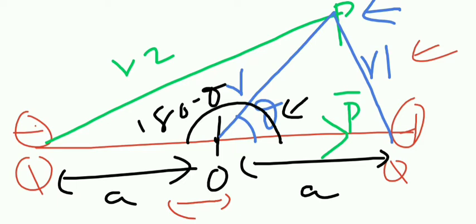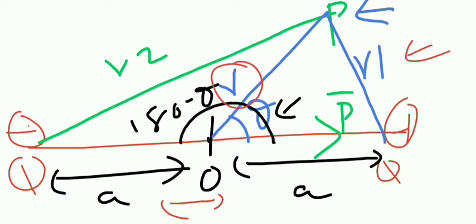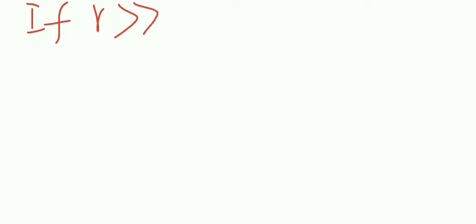Let us assume 2A, or A, is very small compared to the distance R, the distance between the center of the dipole and the field point P. So R is far greater than A; the distance between the charges is very small compared to the distance of the point from the center of the dipole.